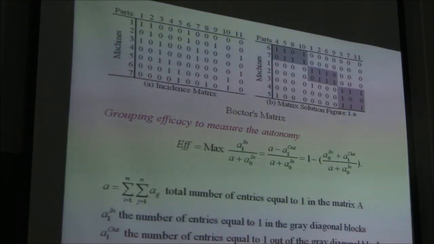In other words, we force very much the number of 1s to be within the cell. But sometimes we have outlying processes where the machine must provide service to a part that is not belonging to the subset. But you try to reduce this number.